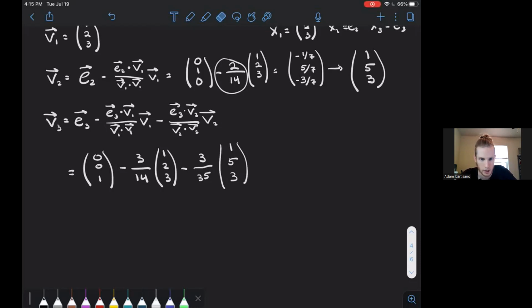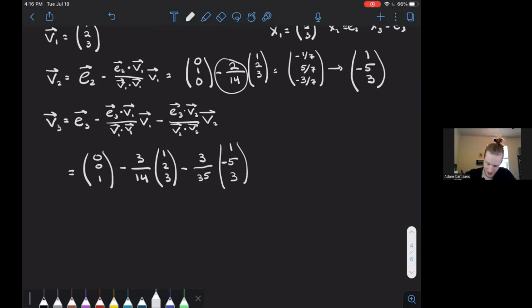And if you didn't catch my error, we would have been in a lot of trouble and gotten the problem wrong. Which means that when I scaled up by negative 7, I missed a negative sign there. However, that does not change the dot product. It doesn't change e3 dot v2 or v2 dot v2. So actually, we're fine. Let's keep going.